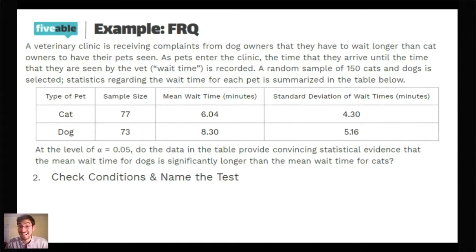If our alpha level is not set from the beginning, then we should assign an alpha level with our hypotheses. And to be clear, I'm going after this from a like what earns credit and what doesn't earn credit. Yeah, always assign 0.05 if not mentioned. Yeah, that's the standard significance level. That's the word I'm looking for there. So yes, if you really want to do 0.01 or 0.10, like that's fine.